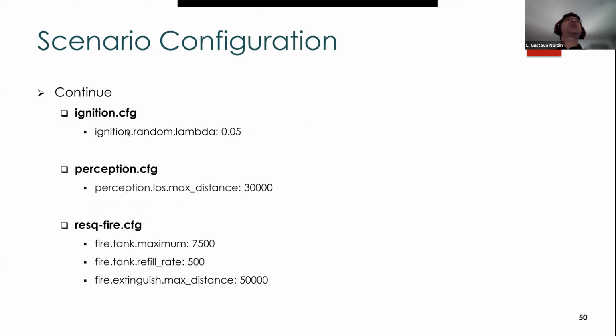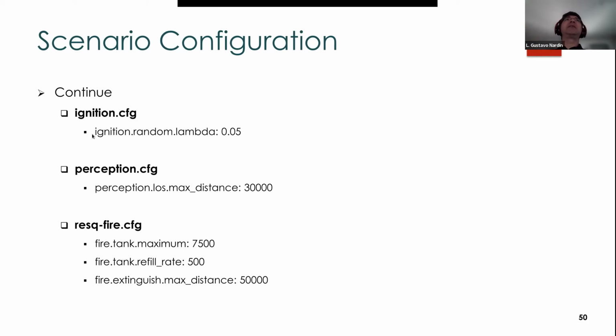There is the ignition.cfg. You can place fire from the beginning in different places of the map using the scenario editor I showed earlier, but fire can emerge or ignite randomly during the simulation.